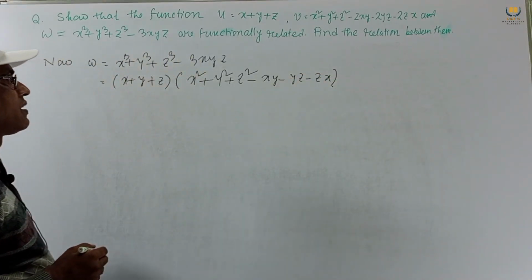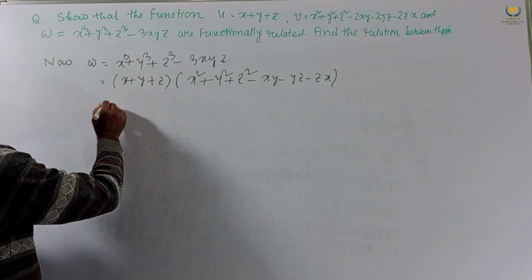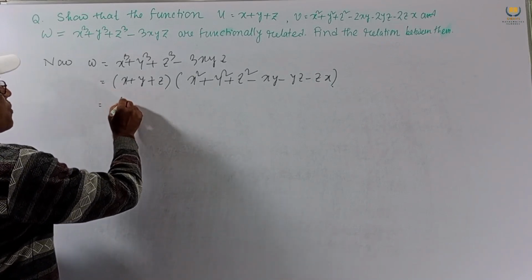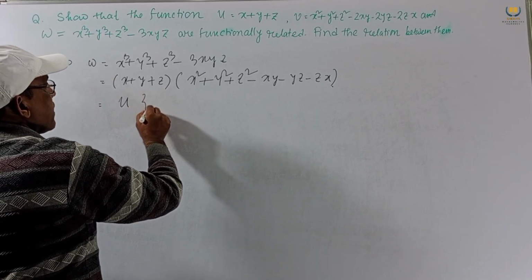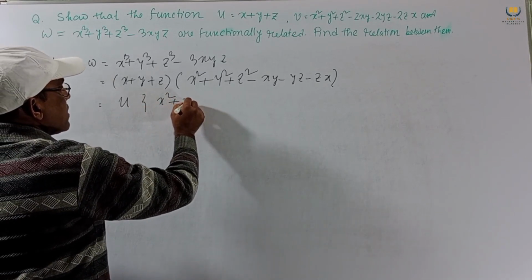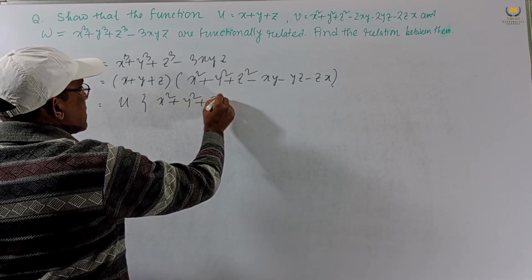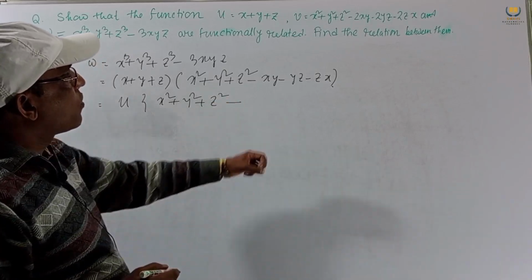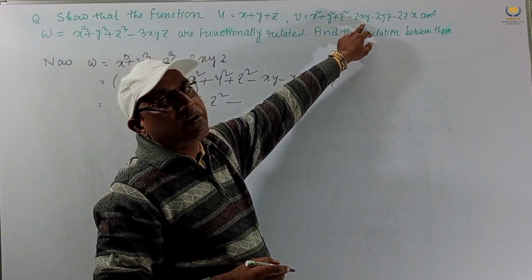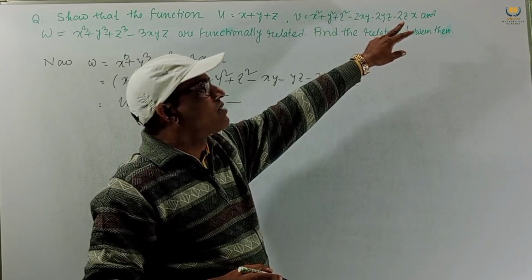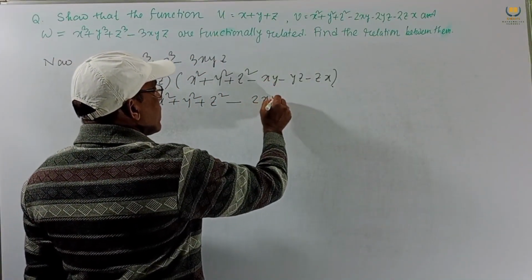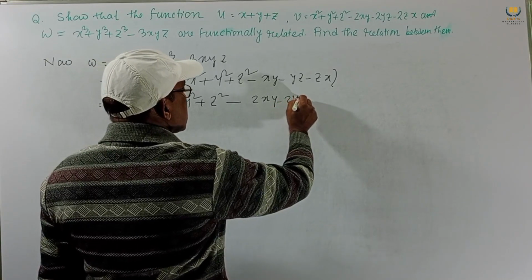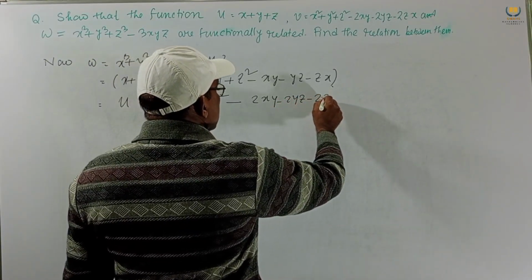This is a direct formula. Now this value is u. We know this is u. And this will be x square plus y square plus z square. But for writing v, this must be minus 2xy minus 2yz minus 2zx. So we write this is minus 2xy minus 2yz minus 2zx.